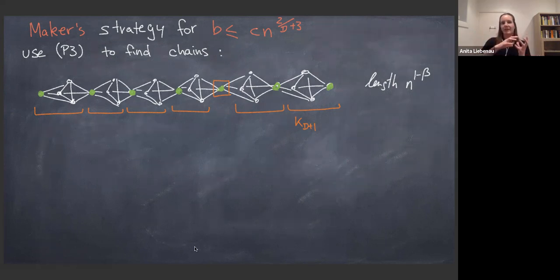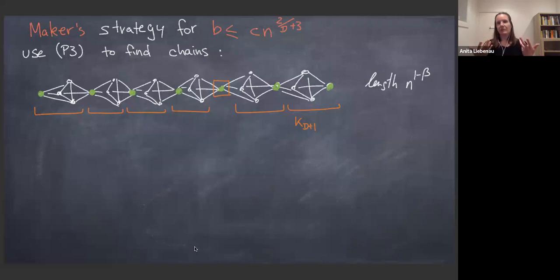On the one hand we're using P3, and the other thing we're using is a depth-first search argument, as if you find a long path in a connected graph. This is like finding a long chain when you know that between any two large subsets you find such a subgraph. So we find this chain of length n^(1-β).